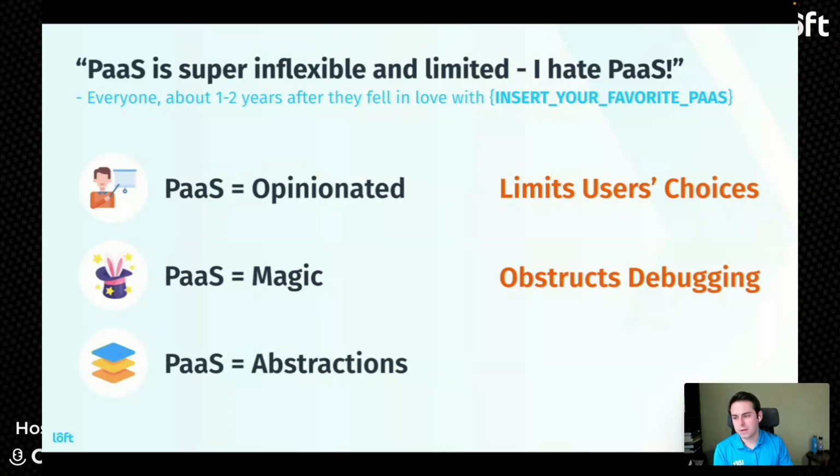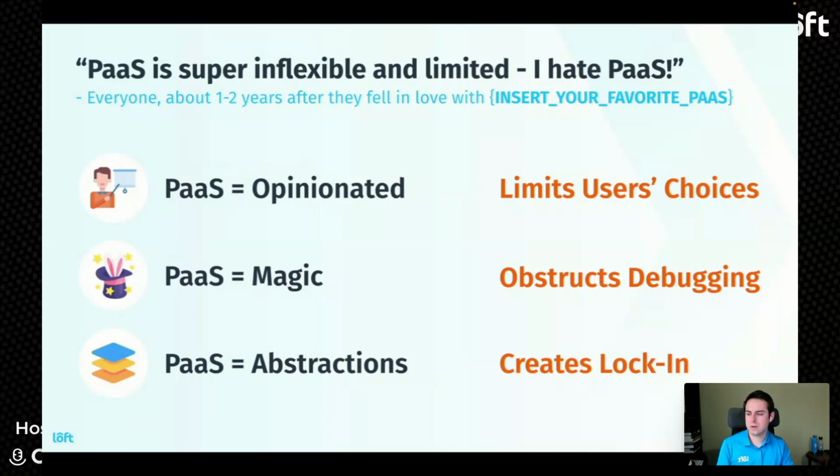And then PaaS ultimately means abstractions. It's layers of abstractions. Each PaaS adds a layer essentially. And that creates kind of a lock-in, right? In the case of Cloud Foundry, it may be open source lock-in. In the case of Heroku, it may be a lock-in into a SaaS platform. But ultimately, it's a lock-in into the way of doing things.